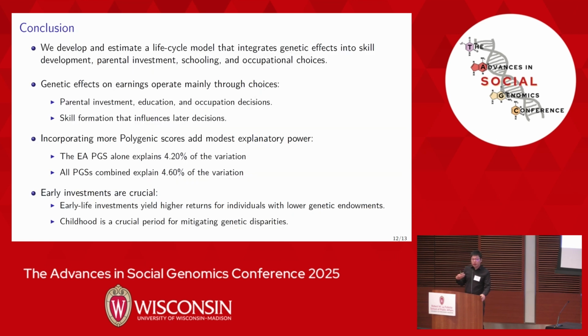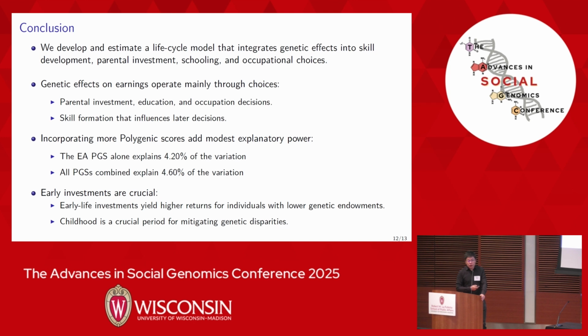So this is an effort to think about the association between genes and lifetime earnings. In order to do so, we developed a life cycle model. I only showed you the graphical representation, but if you're interested, you can check the paper. We find that there are two major channels playing a role: one is through the sequential choice equations, and the other is through skill formation.